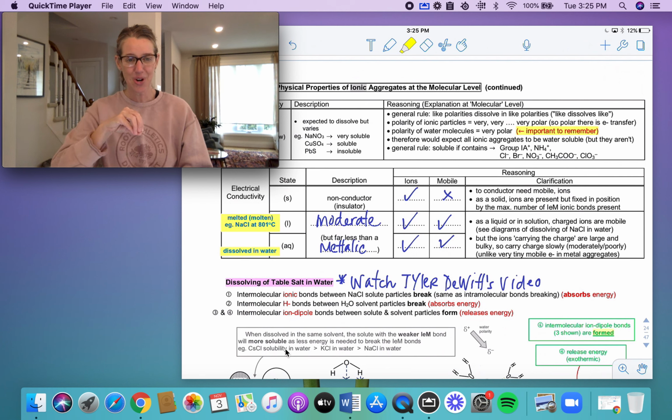Because those are charged ions in a sea of electrons, and so we don't use salt to create our cords to power our house, right? But we certainly do use metal, and so as a group, our ionic particles have, yeah, moderate, fairly good electrical conductivity when they're in the liquid and aqueous state. As a solid, yeah, no, the particles are not mobile.